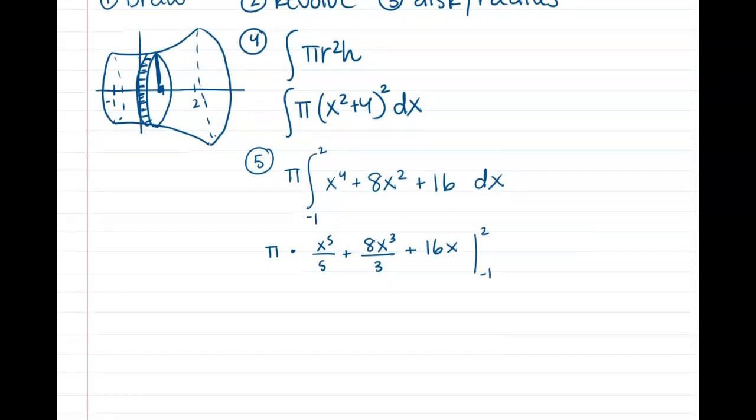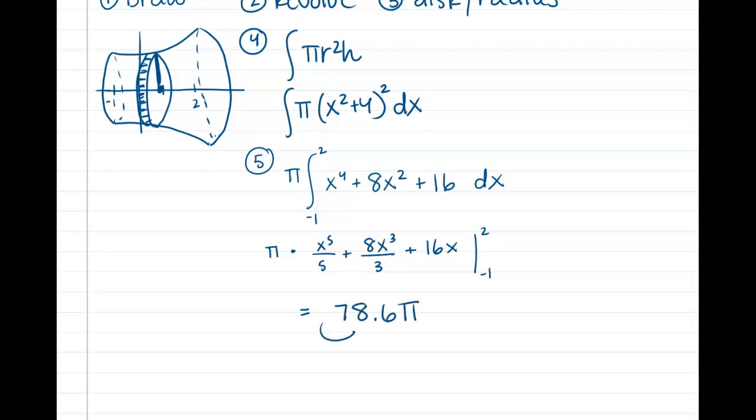Could we do that as a fraction, as a bunch of fractions, and solve it? Sure. Do we want to? Not really. Let's use our calculator. With your calculator, you should get 78.6 pi. Definitely calc okay. If you want to do a bunch of fractions, go for it.